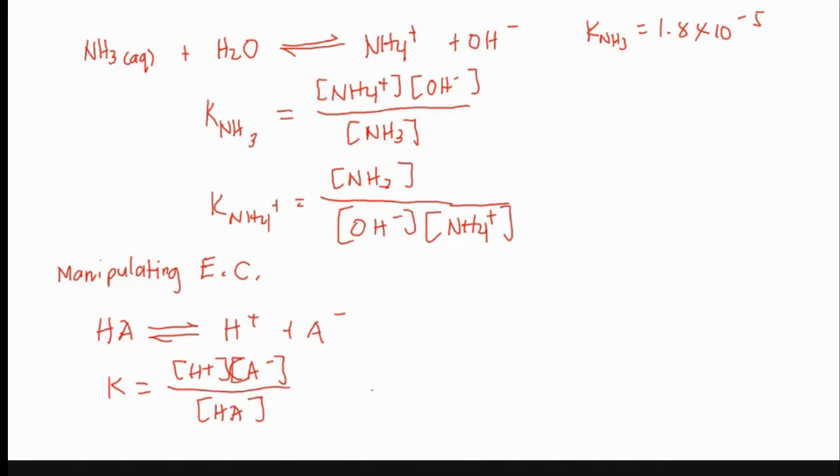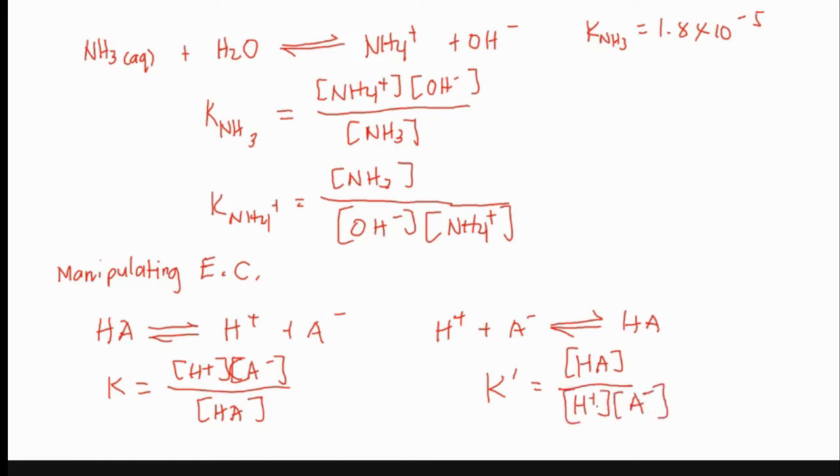So, for the reverse naman, we have H plus, A minus, HA. So, ito naman, equilibrium niya, i-label natin as K prime. So, HA over H plus times the concentration of A minus.